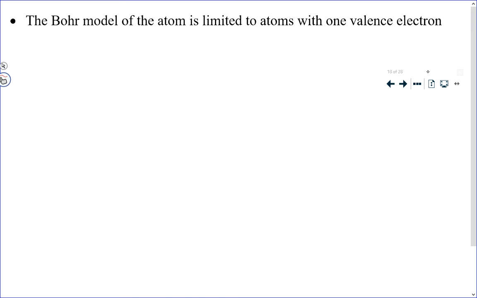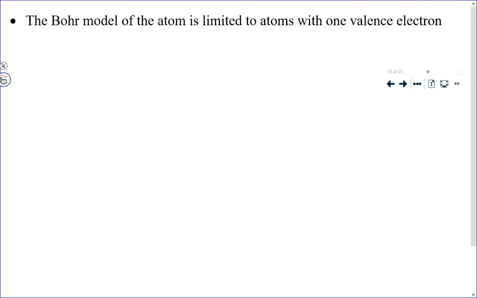I don't know if I'm going to get them all, but hydrogen, sodium, potassium, rubidium, cesium, francium, I have a feeling I've missed one, but all of those elements that are in the very first column, if you like, on the periodic table, have one valence electron, and Bohr is able to calculate energy level values for those atoms.